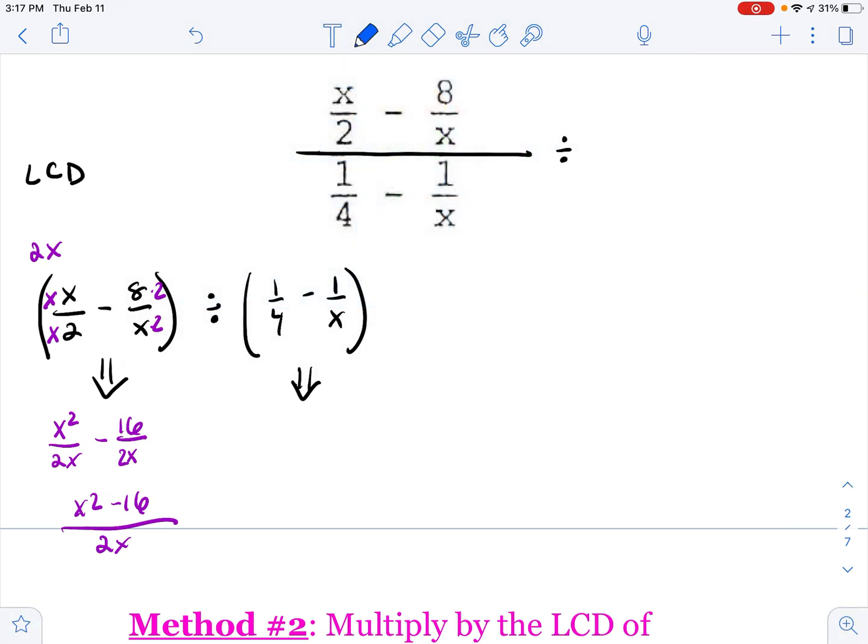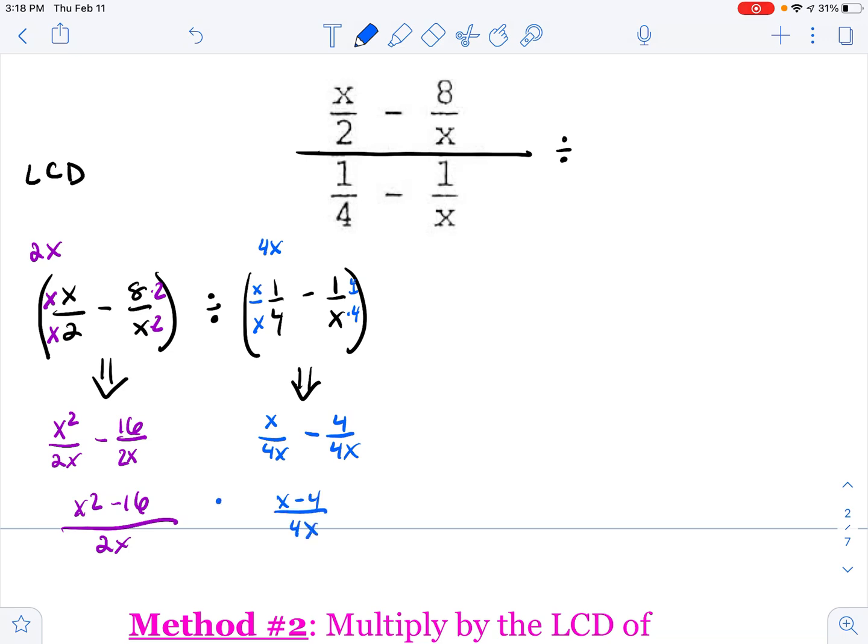Now we look at our denominator and we handle that separately, right? Again, we need our least common denominator, which in this case is going to be 4x. So if I multiply this by x over x and this by 4 over 4, what we get would be x over 4x minus 4 over 4x, leaving me with the larger fraction, x minus 4 over 4x.